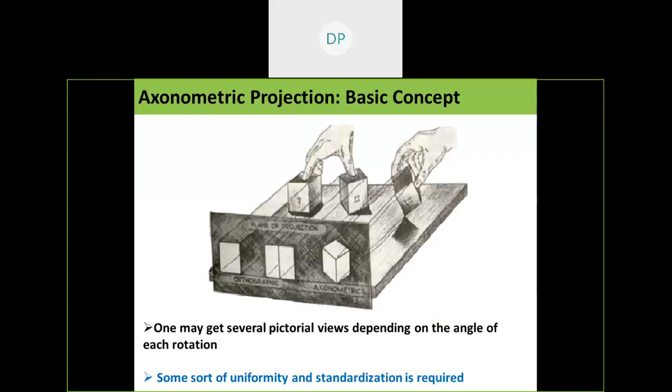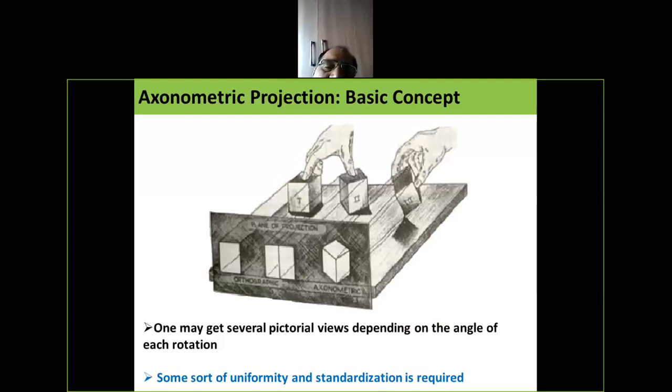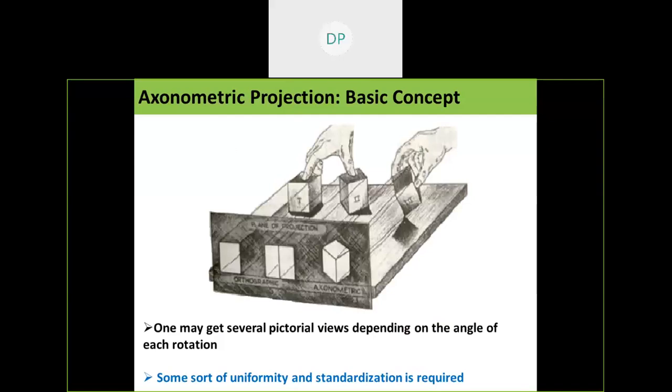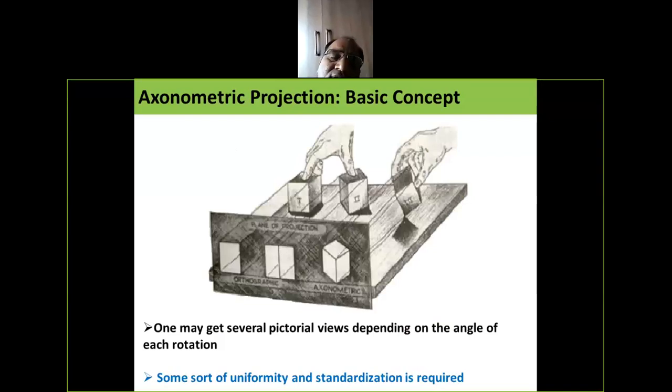Now this is the basic concept of axonometric projections. One may get several views depending on the angle of rotation. So we can get different pictures by the angle of rotation of all three sides, as we have already discussed.